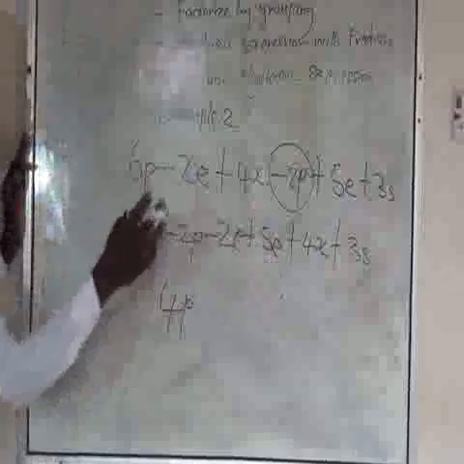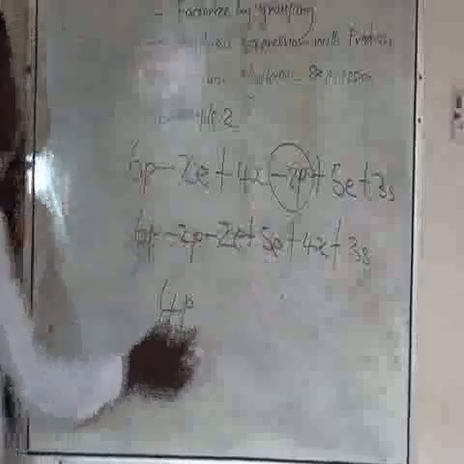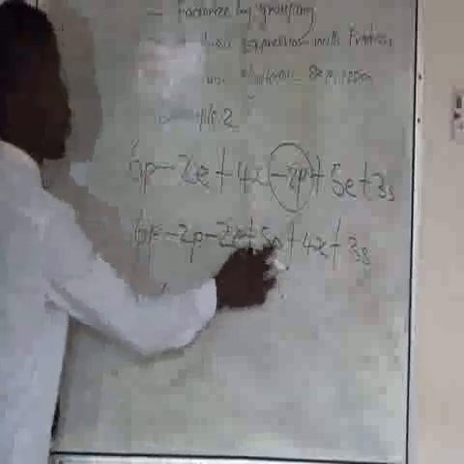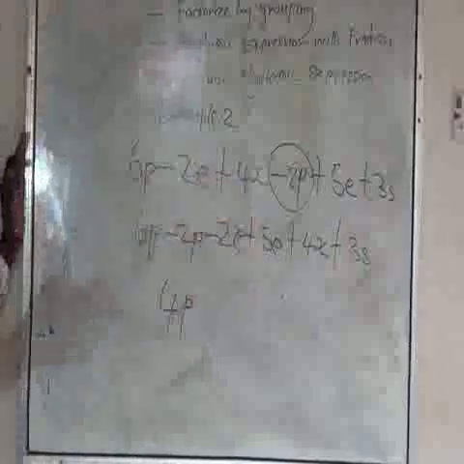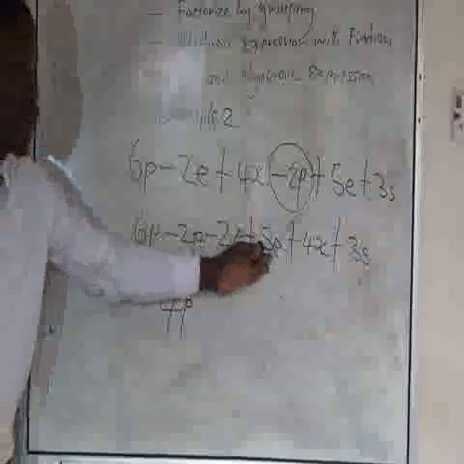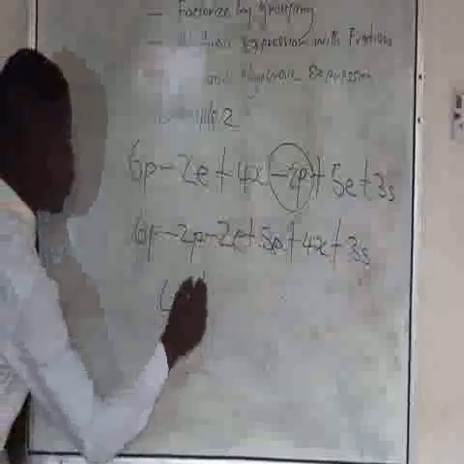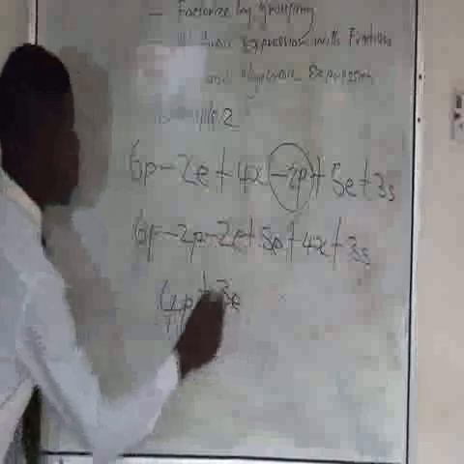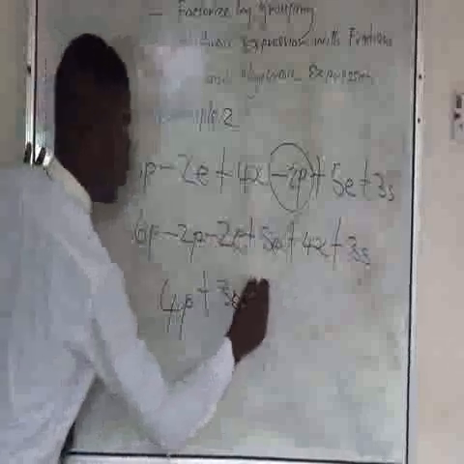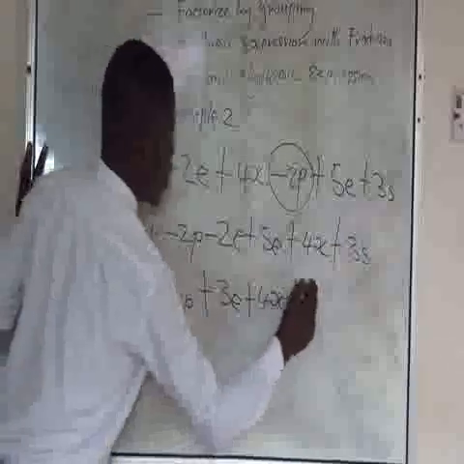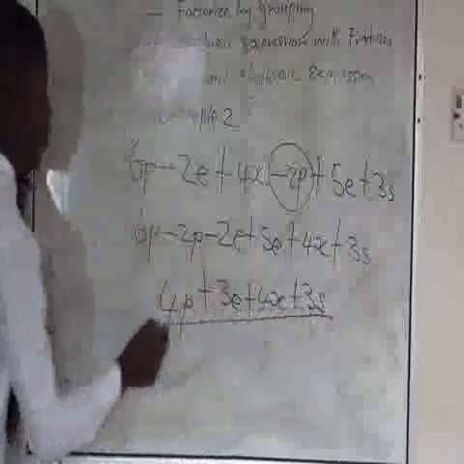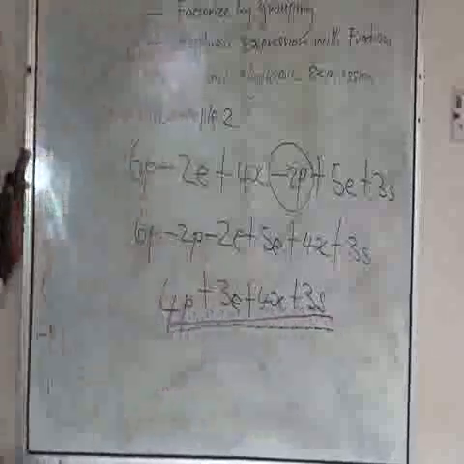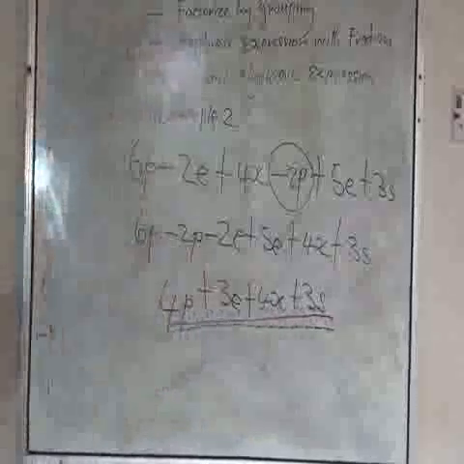So when you owe somebody 2 apples and you have 5, when you pay the person back the 2 you owe, you still have plus 3 apples. They will write plus 3e. Then you bring down 4x plus 3x. That is the final answer. Then let's go to the step 2.